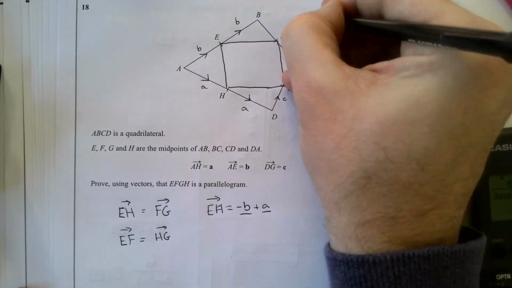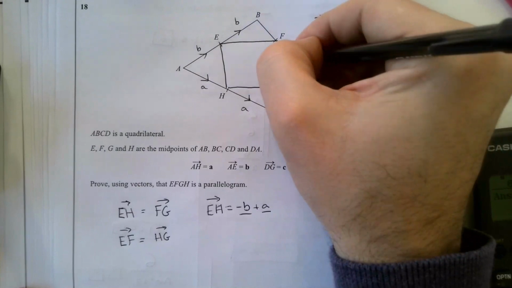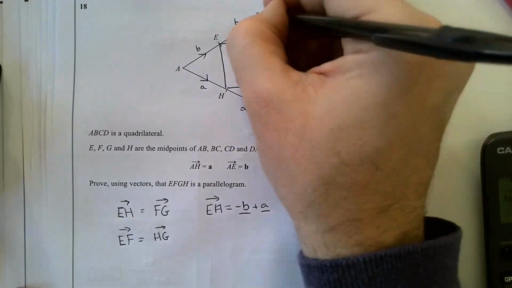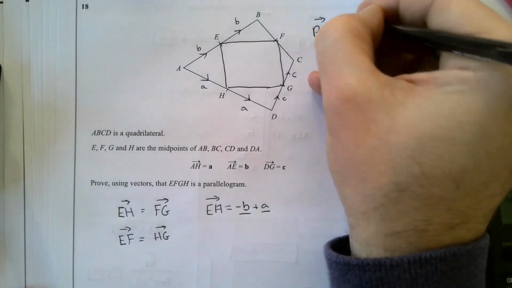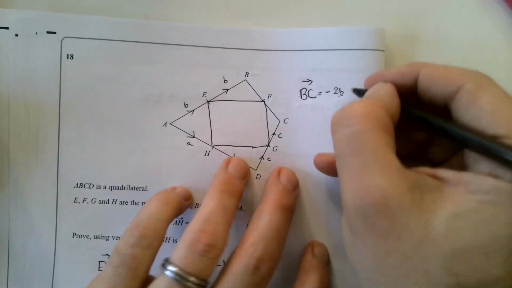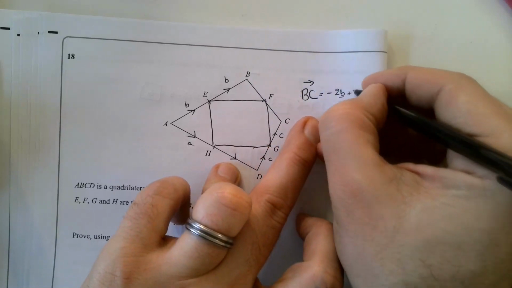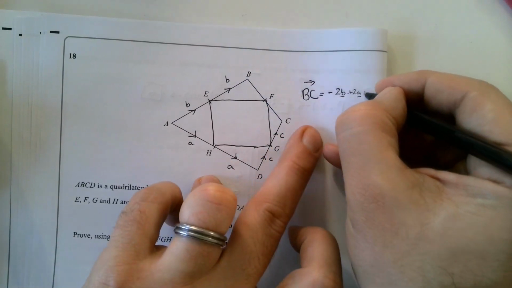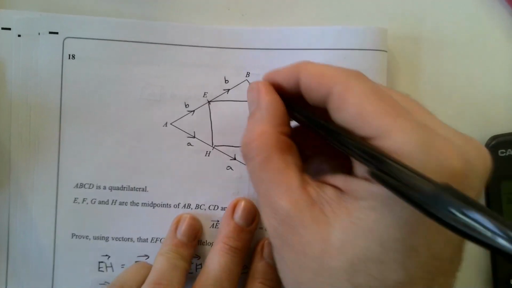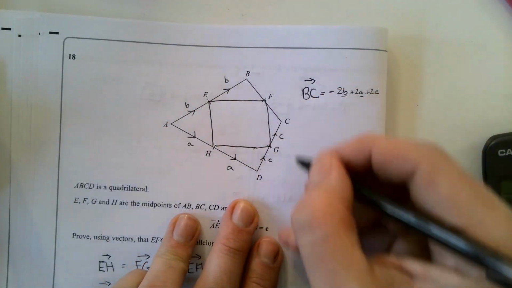If I wanted to go from B to C, I need to go backwards twice along B, and I need to go forwards twice along A, and I need to go up C twice. So that is how I go from B to C, twice that way, twice that way, twice that way.